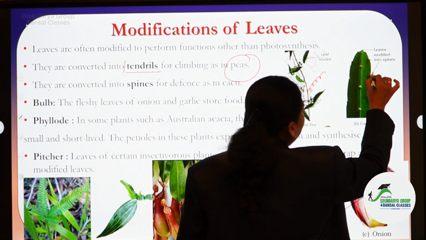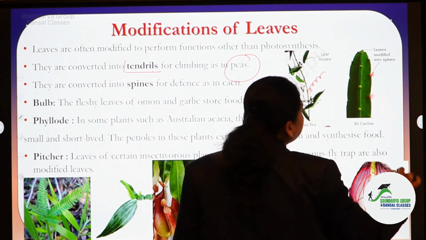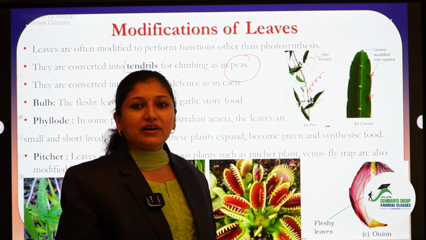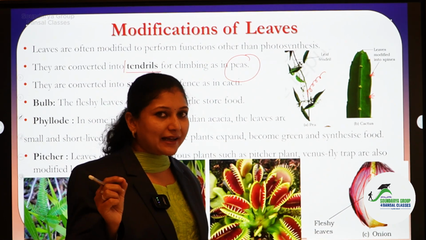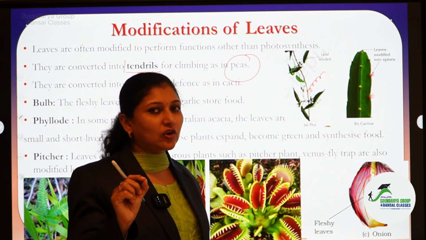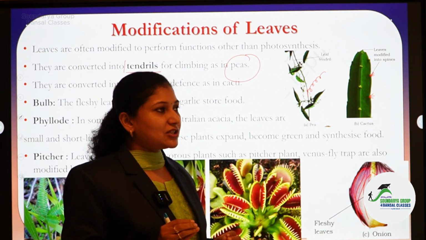You have a cluster of spines. These are leaves developed into spines. In cactus, leaves are converted into spines, a thorn-like arrangement, but they are smaller than thorns, not single, maybe in clusters.